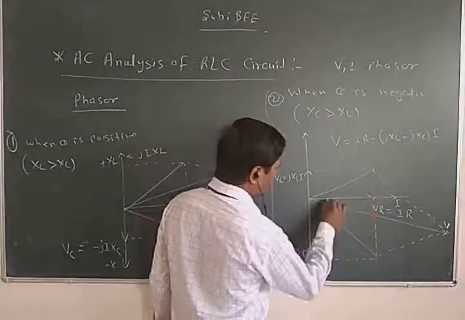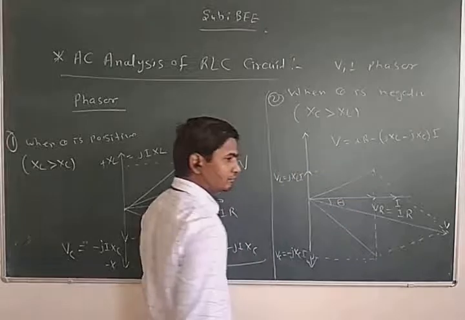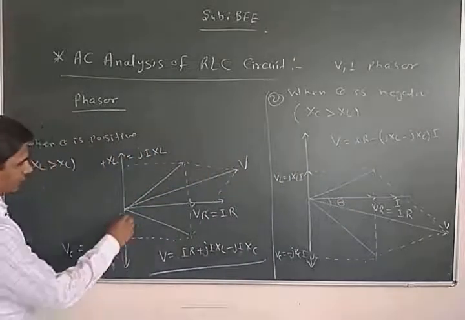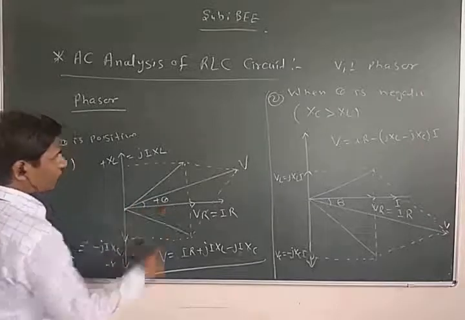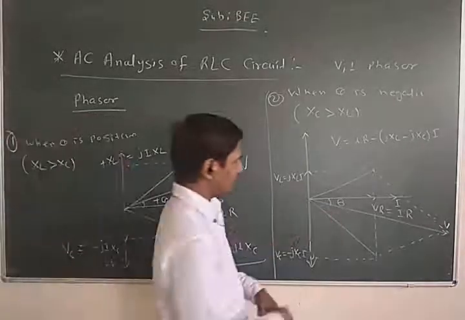And this is the current, and the angle theta is the power factor angle. Here the power factor angle is plus theta, and here the power factor angle is minus theta.